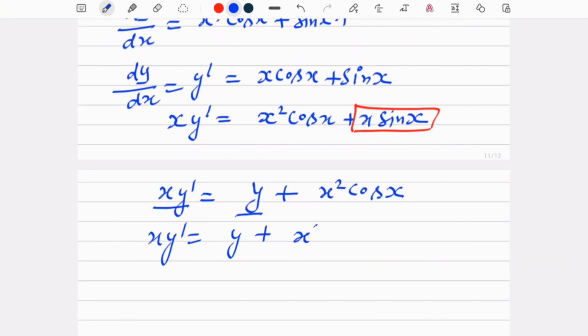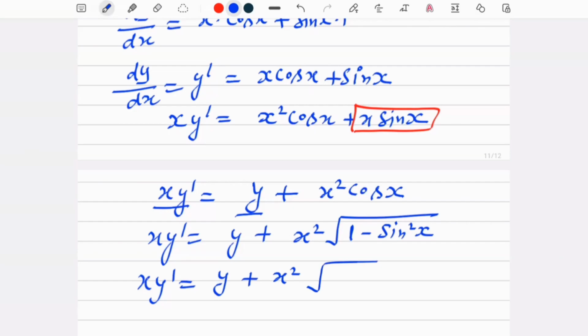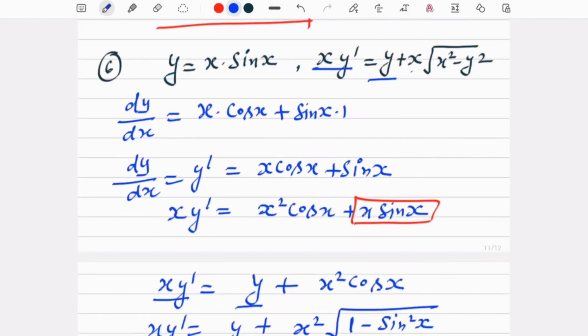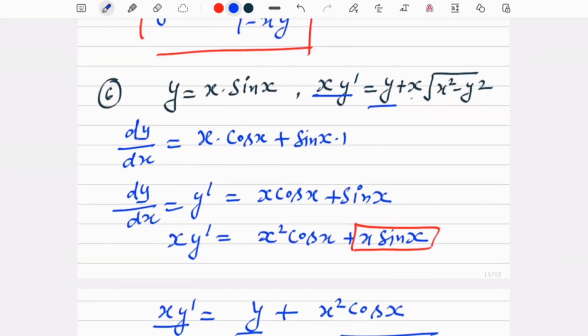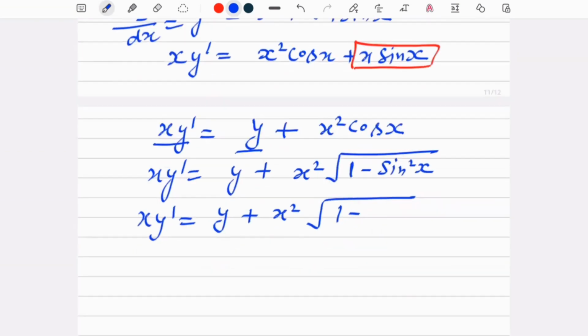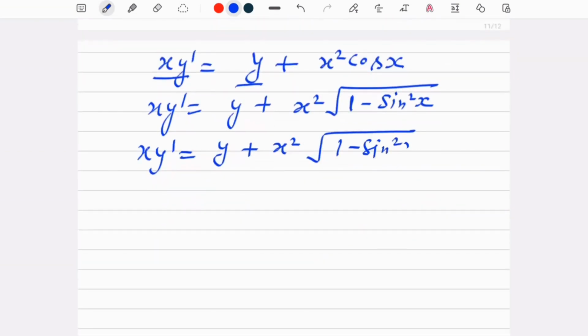So it is x square under root 1 minus sin square x, and xy dash is equal to y plus x square under root 1 minus sin square x. Sin x from here will be... wait a minute. First of all, I will write y is equal to x sin x.